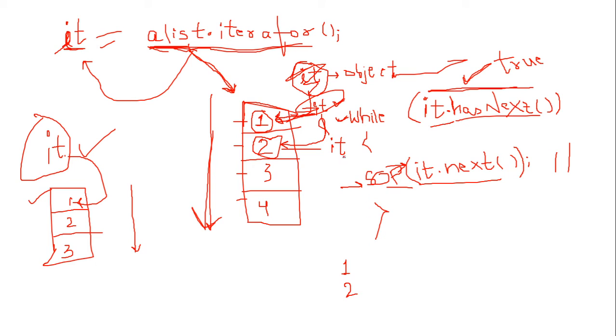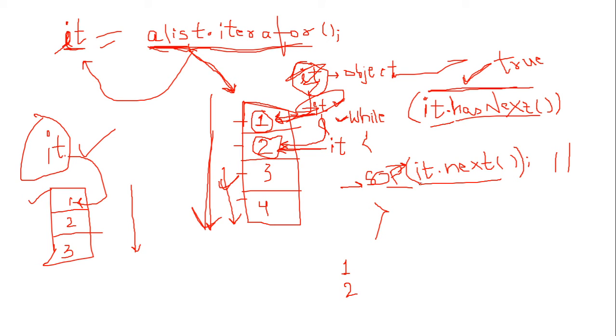Okay, so again we will come to this while loop. So the third time it.hasNext, again it is pointing to this. hasNext will check whether there is a next element present in the list from top to bottom only. So yes, you can see that 3 is the element present next, so the condition will become true. Again we will come inside this while loop.